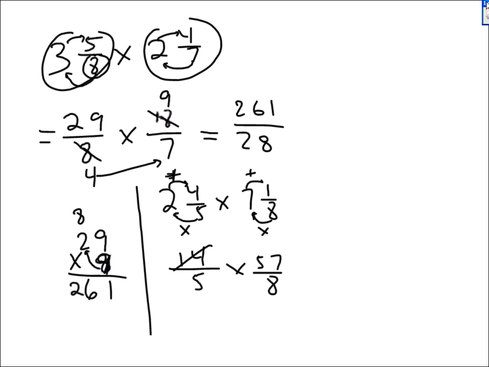Once again, these two numbers are even. One from the top, one from the bottom. 7, and nothing else can be reduced.